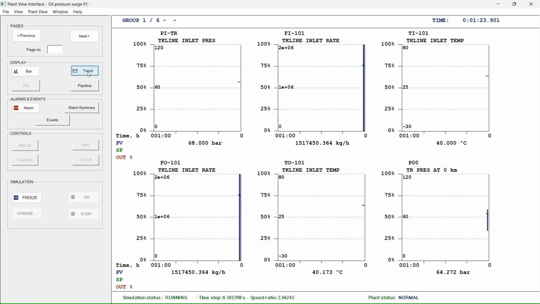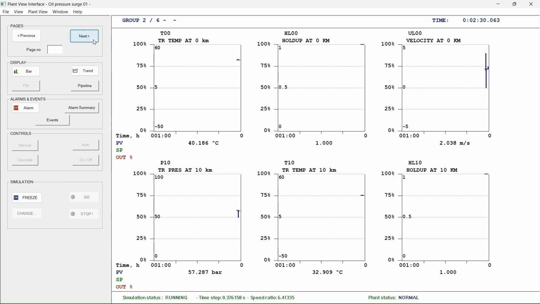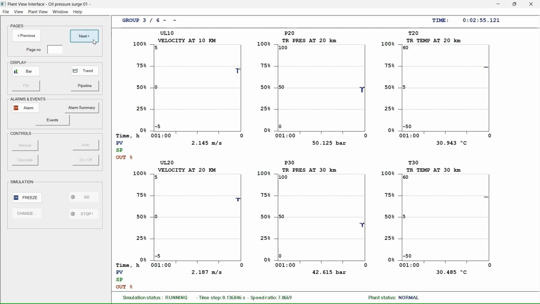Instruments are collected in 6 groups. At the bottom of the view, the time step used by the integration algorithm, and the current speed ratio, that is the ratio between the simulation time interval and the actual clock time intervals, is shown.